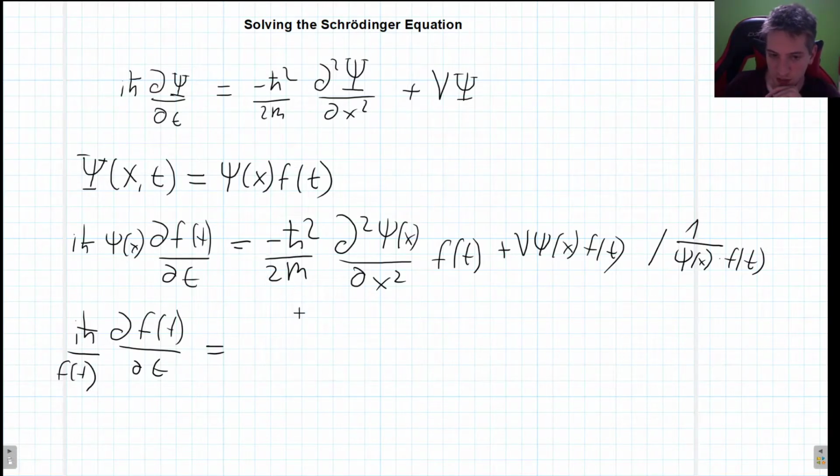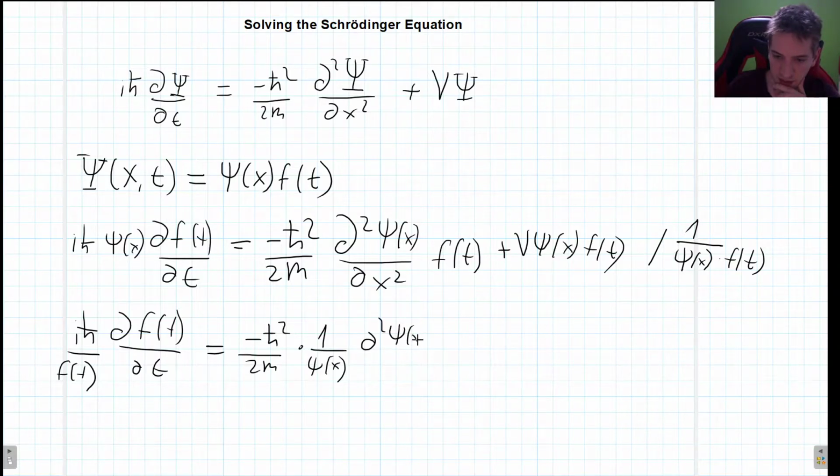So this will be equal to minus h bar squared over 2m times, now in this case the f of t is going to cancel out, so we just get 1 over psi of x times, I almost wrote down an f there, it should be psi of x, dx squared, and here this potential term will be left alone.